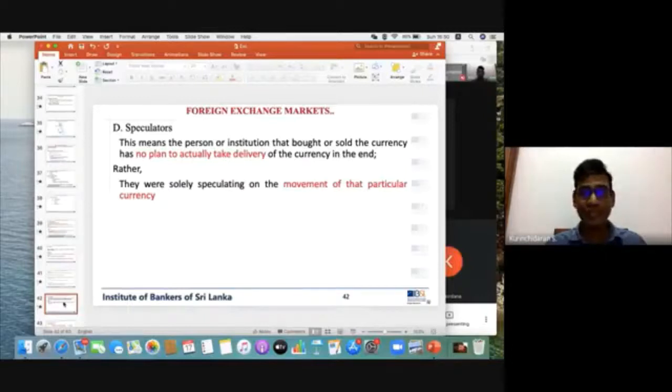Today we have seen what an exchange rate is, how it is determined, what the law of one price is, the importance of purchasing power parity and the relationship, how the exchange rate is determined in the long run and then in the short run, and the major players in the foreign exchange market and their activities. Okay, the balance we can see in the next class. Is there any question?